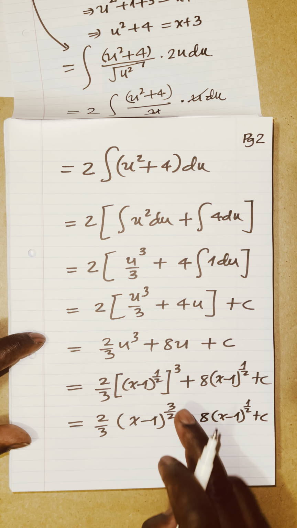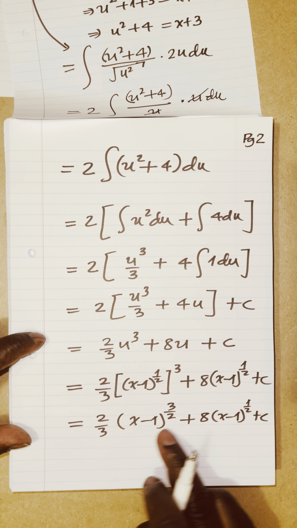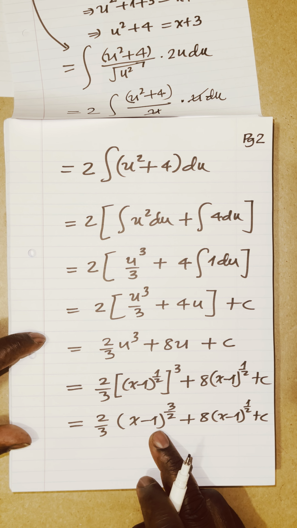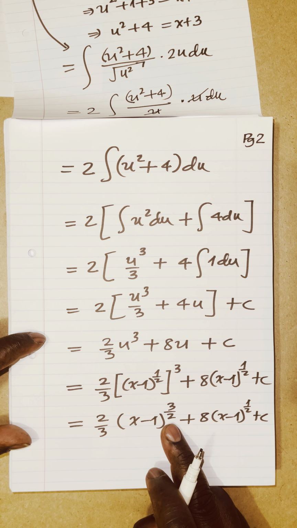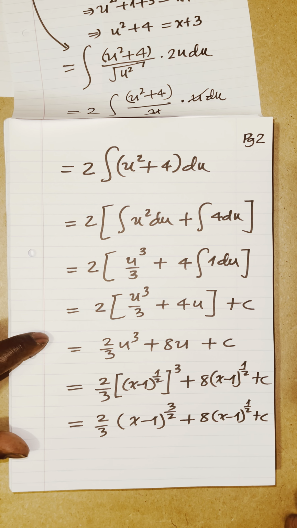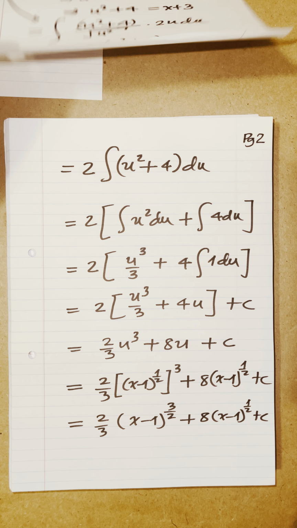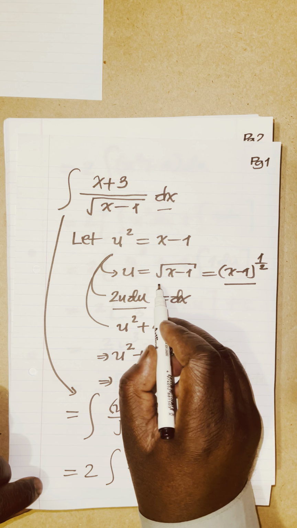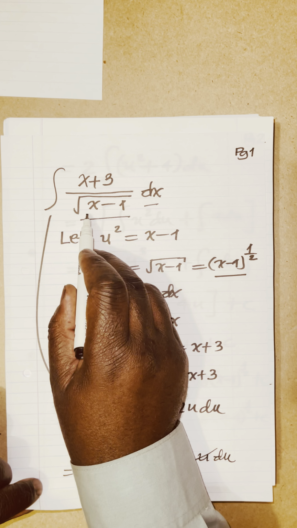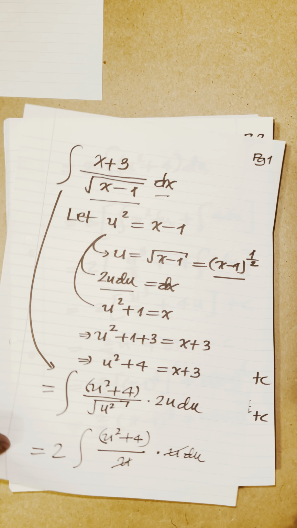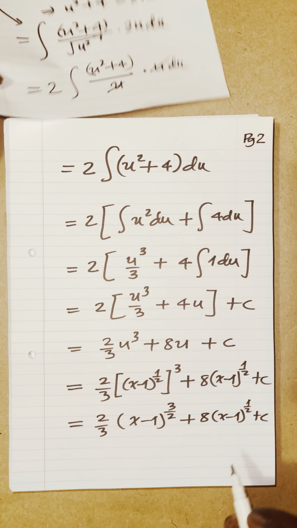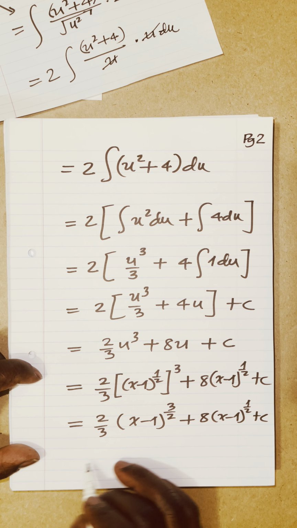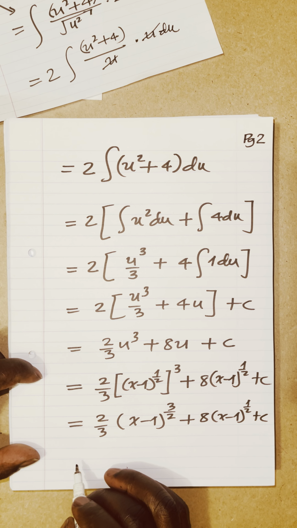Remember, this part here, 3/2 is 1 plus half. So you can rewrite if you want. If you want to have our final solution containing the original expression in terms of square root of x minus 1, then this can change as follows. The equivalent form of this one is this one here.